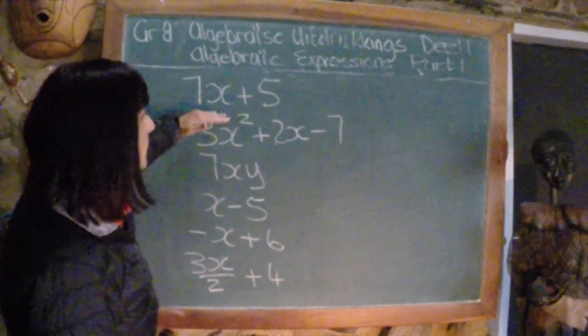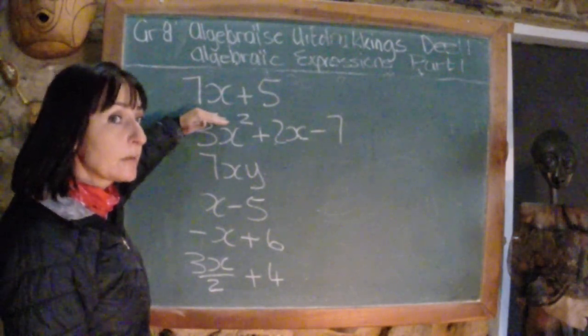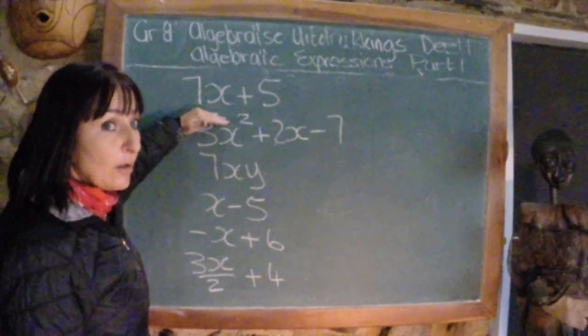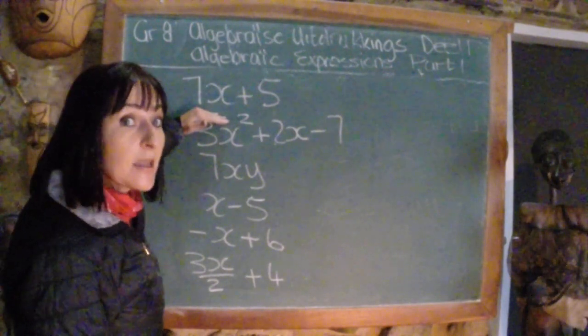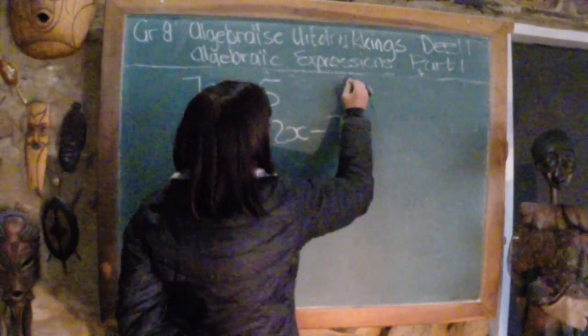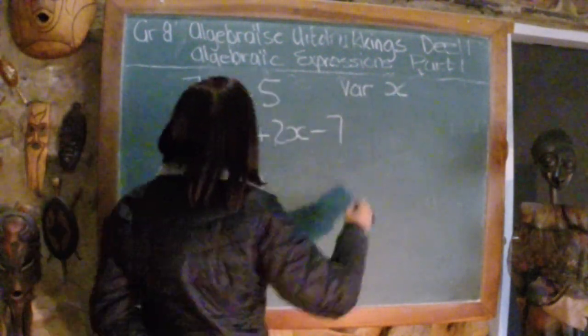What is the variable in that expression? The letter of the alphabet. 7x plus 5. The letter of the alphabet is X. Yes, that's the variable. So if I ask you the variable, it's going to be X.